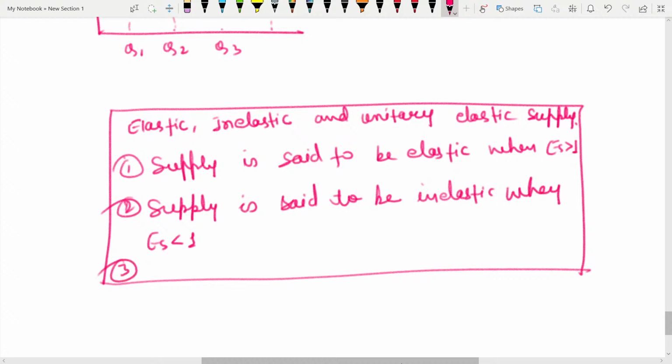Number 3, supply is unitary elastic when ES is equal to 1. So this is all about the price elasticity of supply. Okay, thank you.